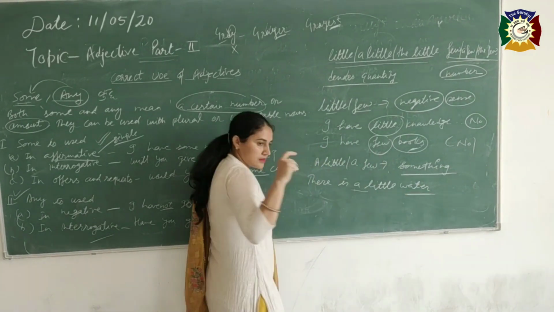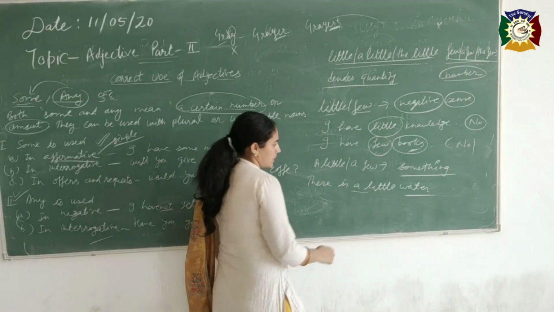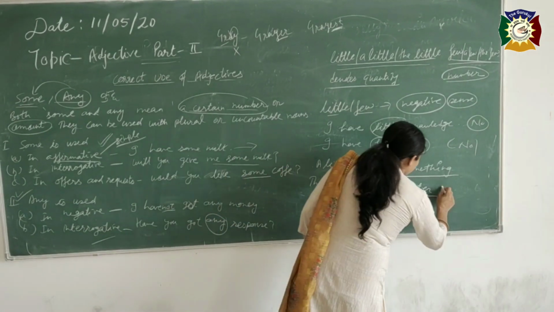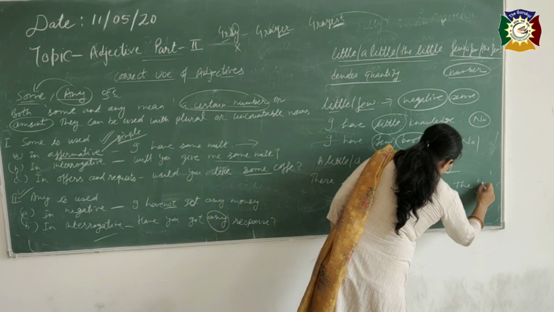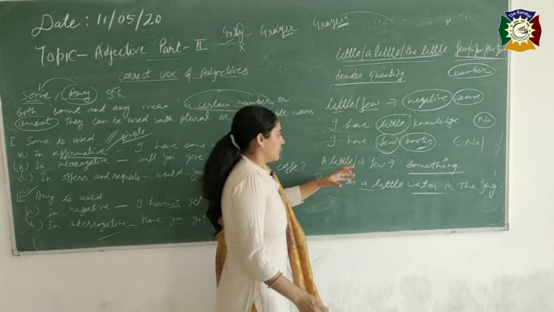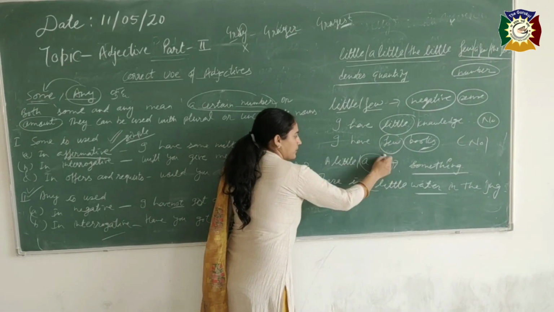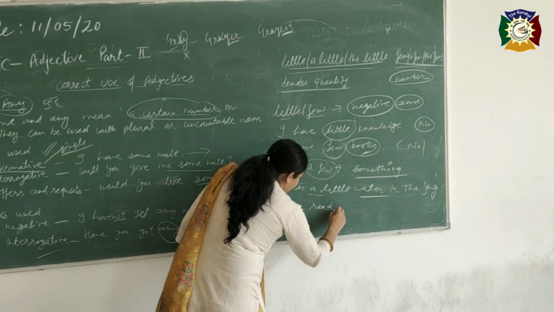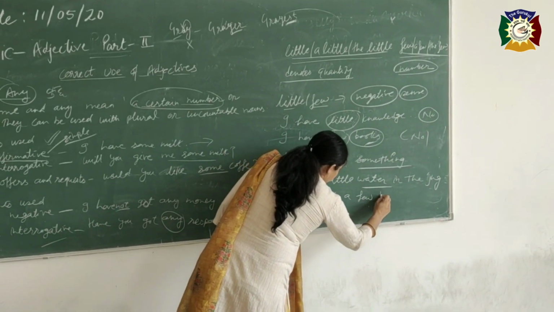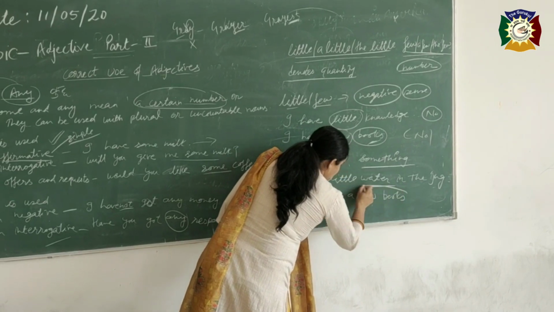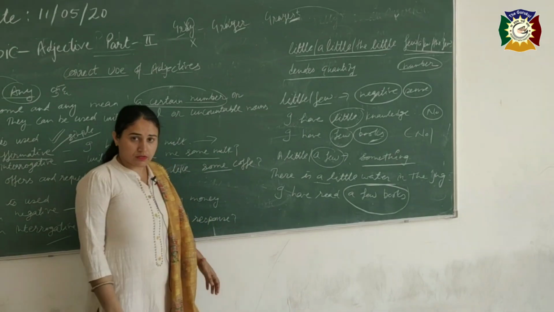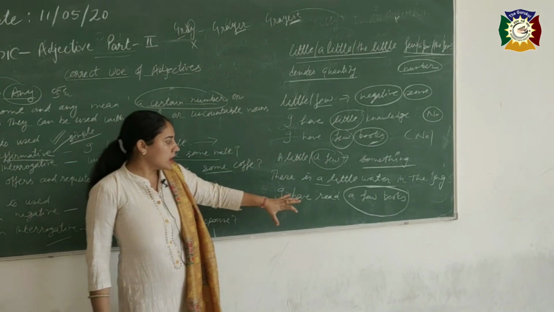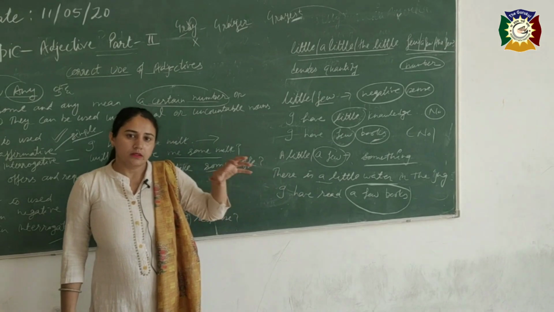There is a little water in the jug, some quantity of water is present. When we talk about a few, I have read a few books, it means you have read some books. When we talk about few, it means you have read almost no book.